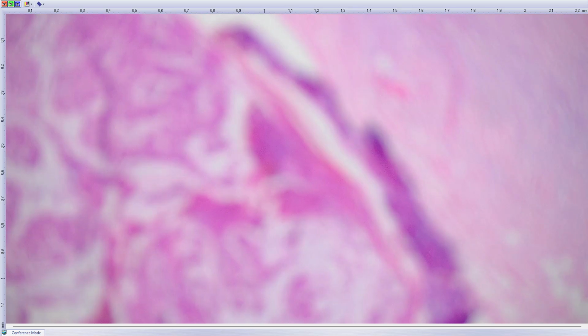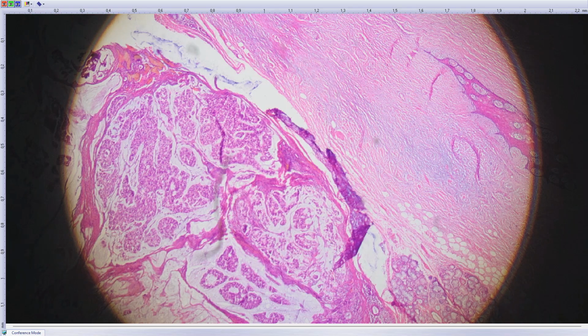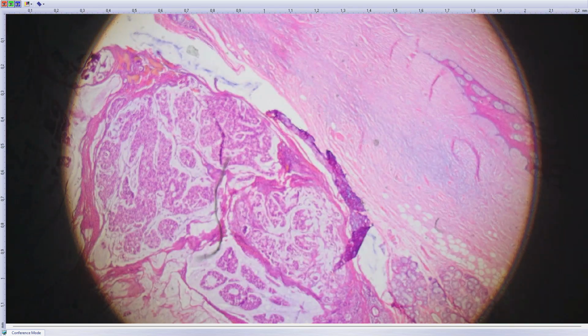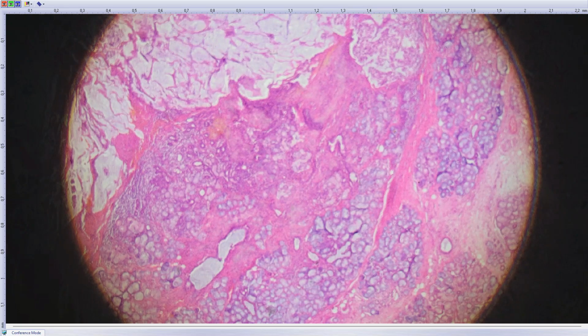Another important paper and case I saw in our data files is a new entity of salivary glands published in the March issue of the American Journal of Surgical Pathology.